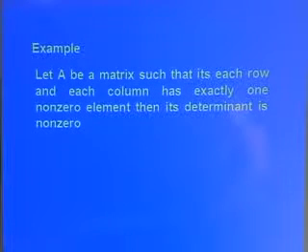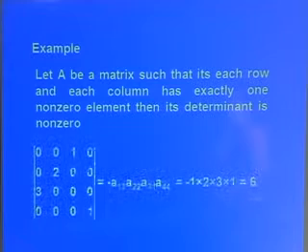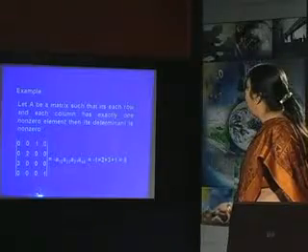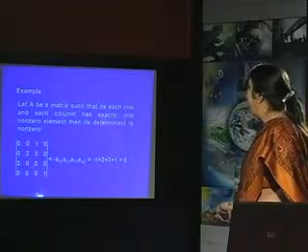Now I illustrate this with the help of an example. Let A be a matrix such that each row and each column has exactly one non-zero element, then its determinant is non-zero. See, if I am taking a 4 by 4 determinant, then every row and column has only one non-zero entry.